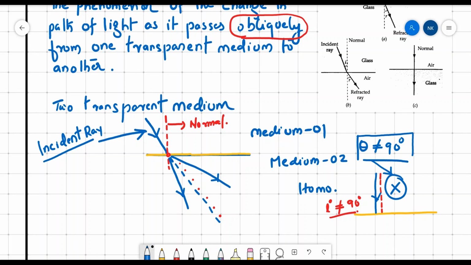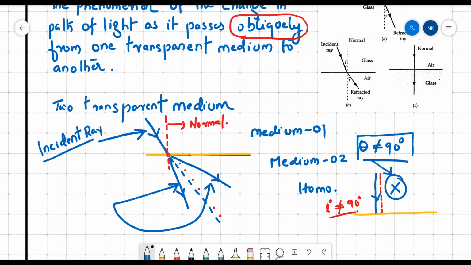This particular phenomenon is known as refraction. The path of the light in medium number 1 was known as the incident ray, and the path of light in medium number 2 could be this one or this one. I will tell you why I am giving these two different possibilities.